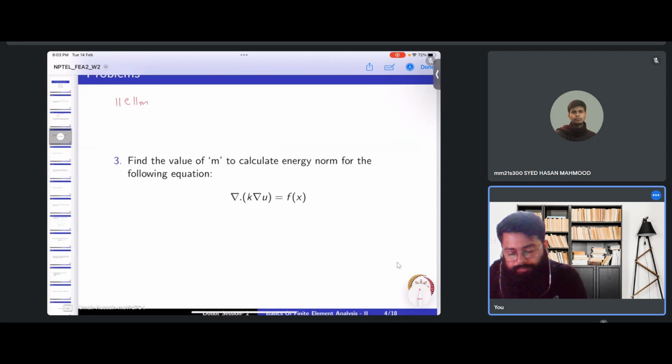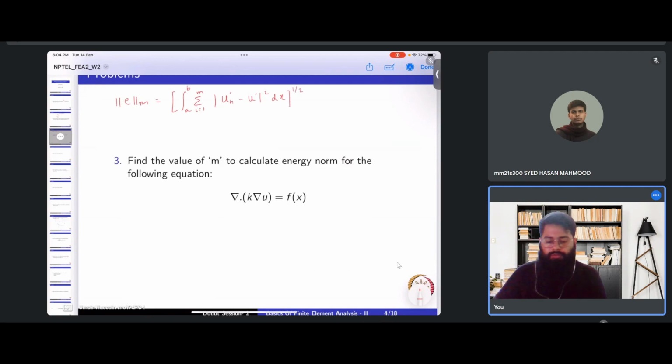We defined the term m here. So what would be the m?